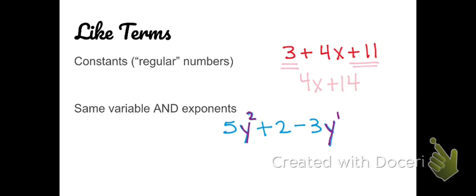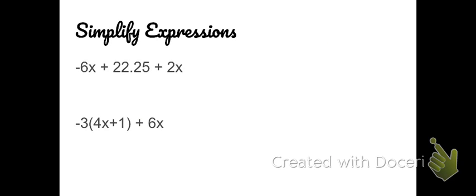So let's go over a couple other simplifying expression examples. So for the first one, this is different because there's a decimal, but we're just identifying the like terms. Like terms have the same variable and the same exponent. So I can combine this and this. Notice I am pulling in that plus 2x.